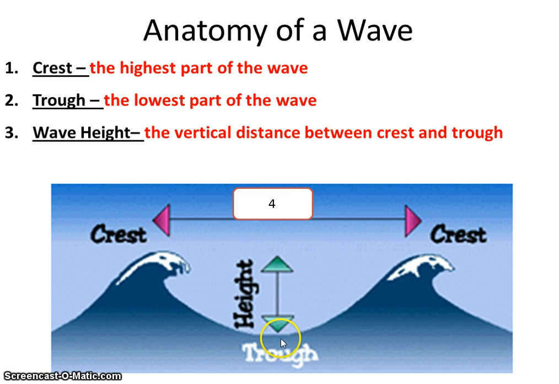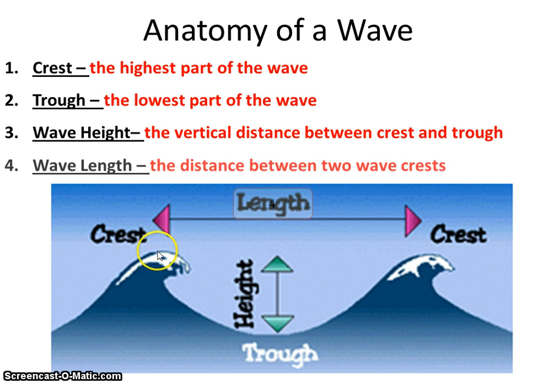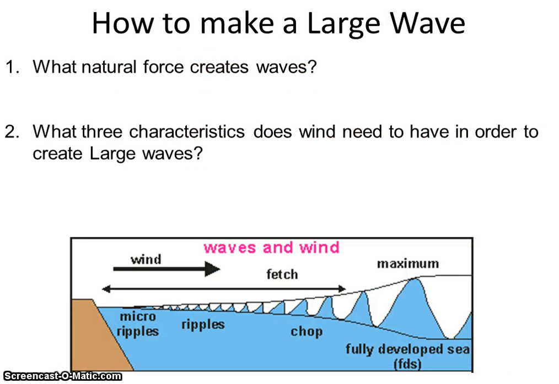If the waterline is at your waist and a 3-foot wave hits you, that wave is hitting you directly in the face or above your head even in some cases. Wave height is measured from the waterline to the top of the wave, not your feet. The last part of the wave is the distance between two crests, and that's called the wave length. So now we have some common terminology about the different parts of the waves. Let's talk about what creates waves.